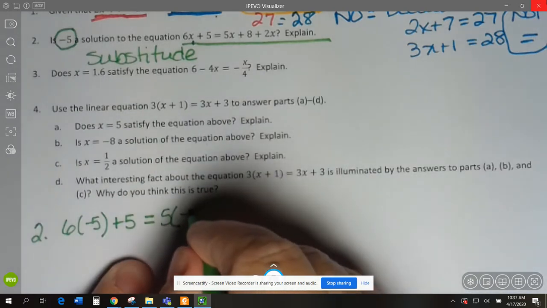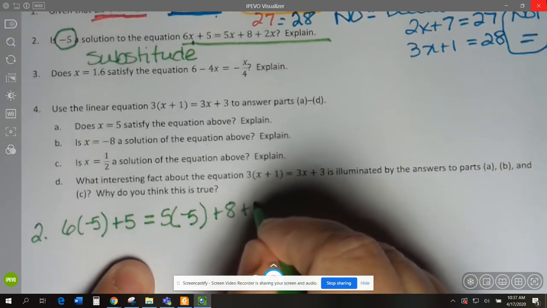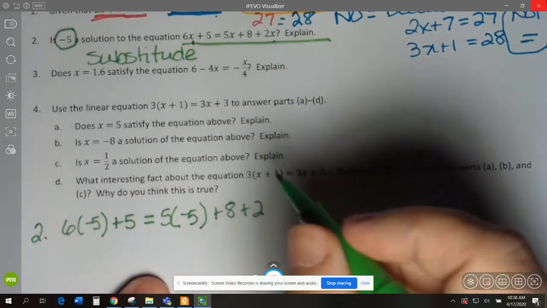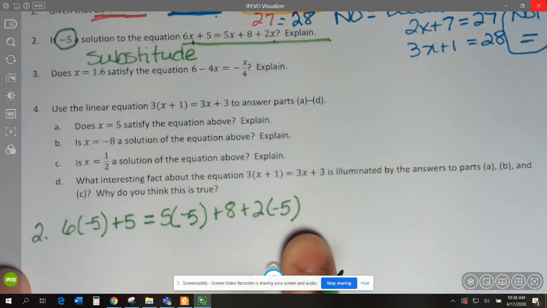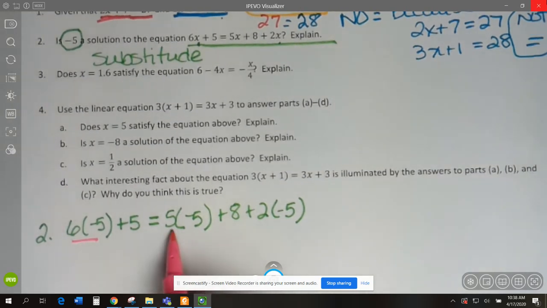plus 8 plus 2, and an x, and in place of that x, I'm going to put negative 5. So right here, I did my substitution. Now let's go and simplify this first of all. So let's start with our multiplying these out, right?